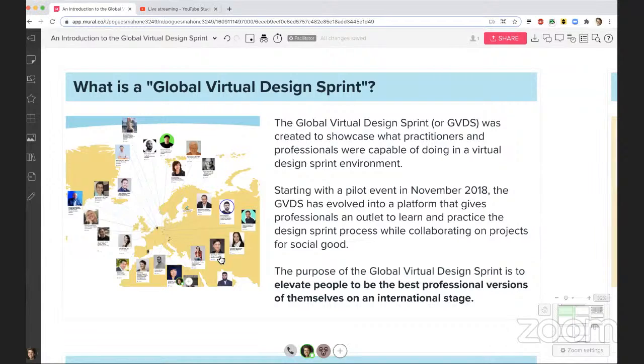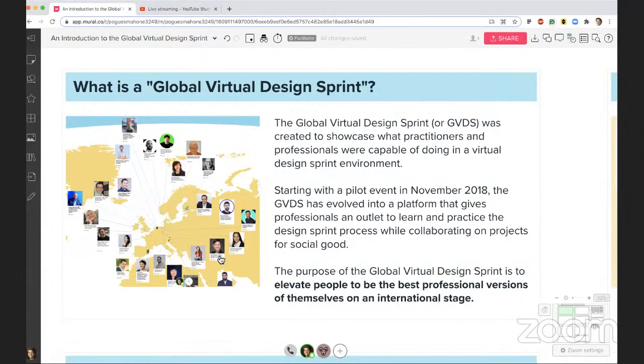There were people doing the design sprint remotely, with whole teams in one location versus some teams in another. Whereas the Global Virtual Design Sprint basically had the hypothesis that everyone could do this process with their own computer, meaning one screen per person, and getting them all on the same page around a particular challenge and working it through for the week and seeing what came out of it.